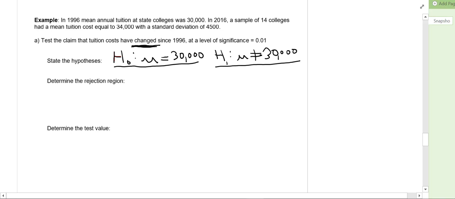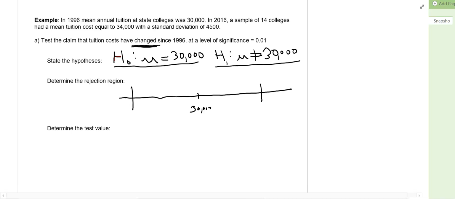The alternative is the claim that's being made in terms of things being different. Here, we don't care about being larger or smaller. Either one is different, right? So our region of rejection, okay, so again, we have $30,000 right here. But again, we don't care if we're too large or too small in terms of the sample, correct?